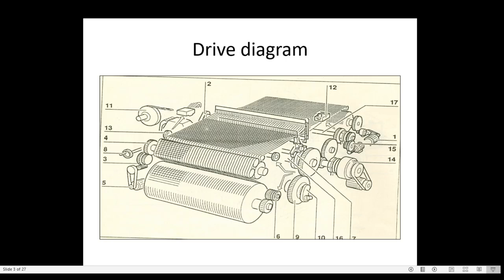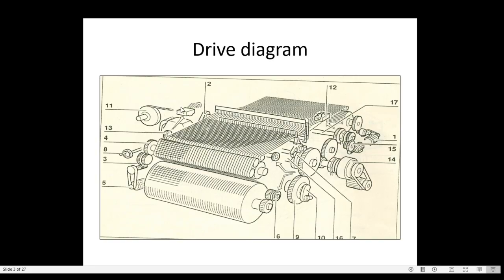Like this the drive goes from the sley. The main shaft also goes to the other side of the machine. Here the drive goes to the shedding mechanism. From the main shaft the drive goes to the auxiliary shaft, and from the auxiliary shaft it comes to the other side of the machine, and then to the shedding mechanism.